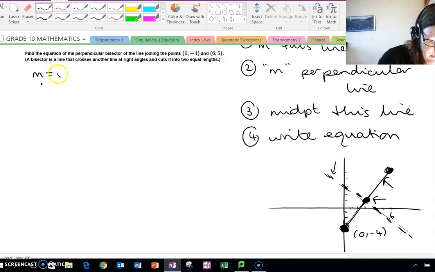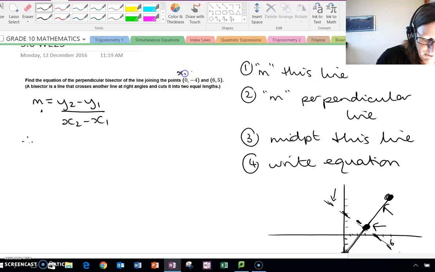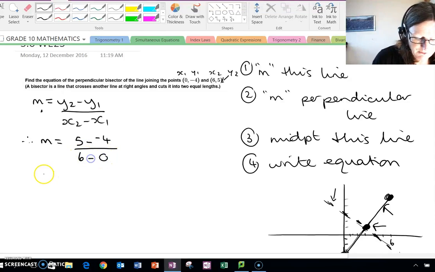The gradient is y2 minus y1 over x2 minus x1. I go to my 2 points, label them x1, y1, x2, y2, and then substitute into my formula. So y2 is 5, subtract -4, x2 is 6, and I subtract x1, which is 0.